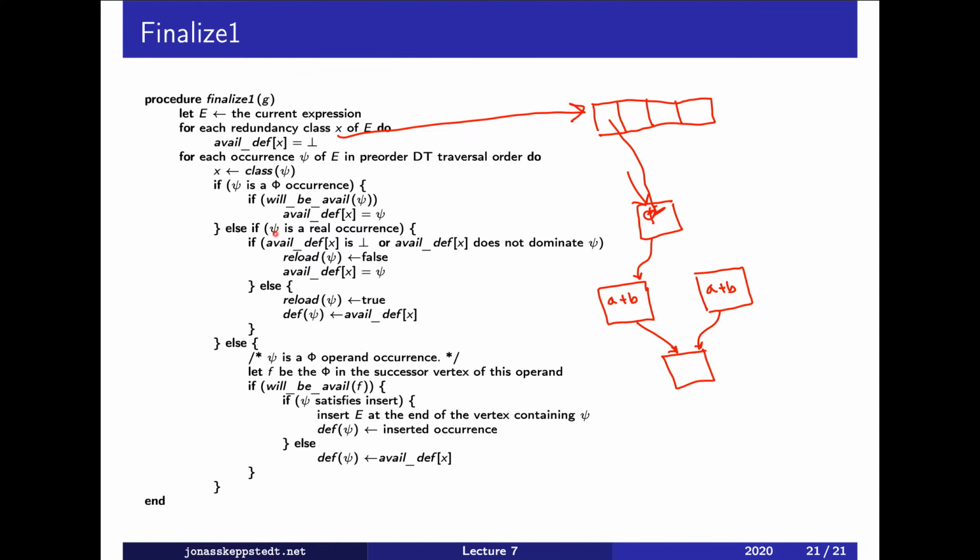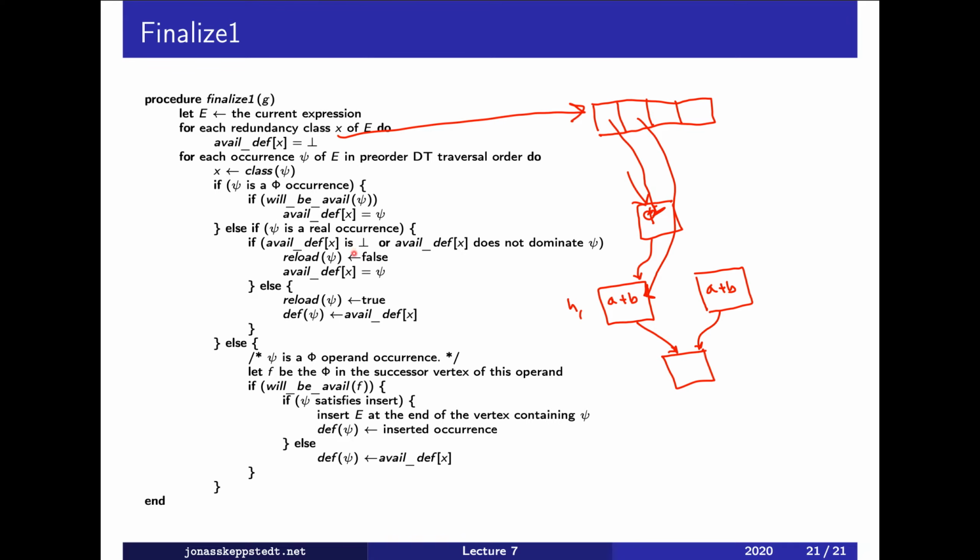On the other hand, if this is a real occurrence, take this one, and if availdef is bottom for this version of h, we can say this is h1, then we set it to this occurrence.